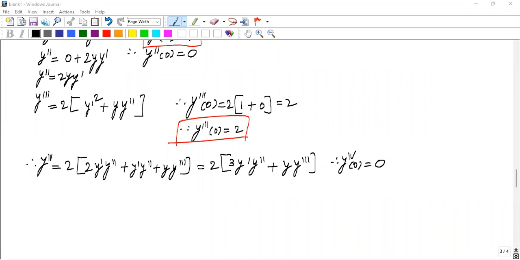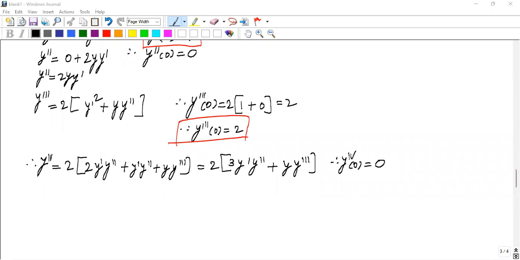Okay, so we got the first derivative exists. Second derivative is 0. The third derivative we have seen, the third derivative is going to be 2. And we got now the fourth derivative, which is again 0.